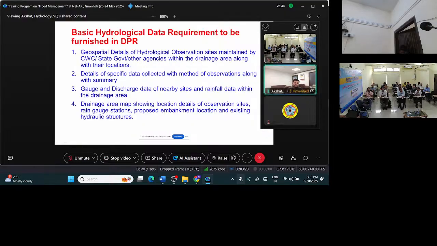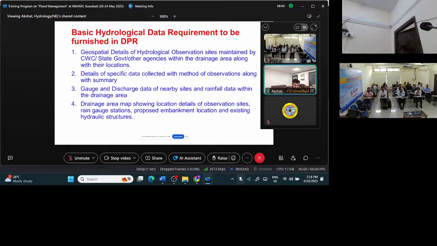The basic hydrological data requirements which need to be furnished in the DPR are, first, geospatial details of hydrological observation sites maintained by Central Water Commission or state government or any other agency within the drainage area along with their location.